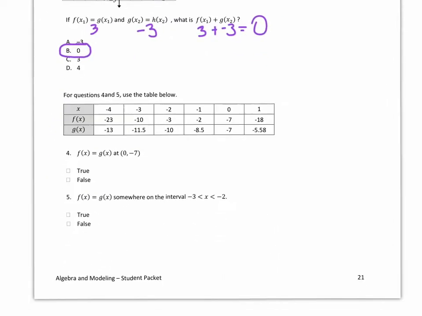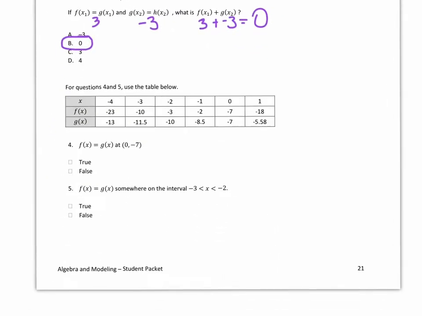So for questions 4 and 5, the last two questions, it tells me to use this table. Does f of x equal g of x at the coordinate 0, -7? It does, because both of those were the same. So that is true. If f of x equals g of x somewhere on this interval, does it?